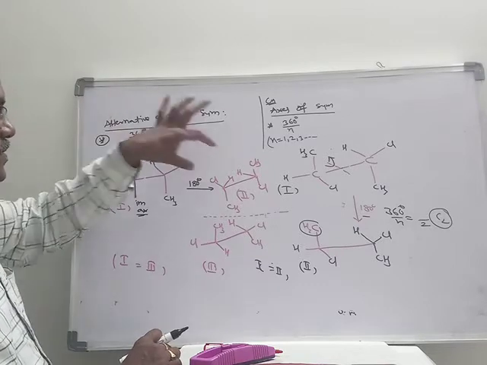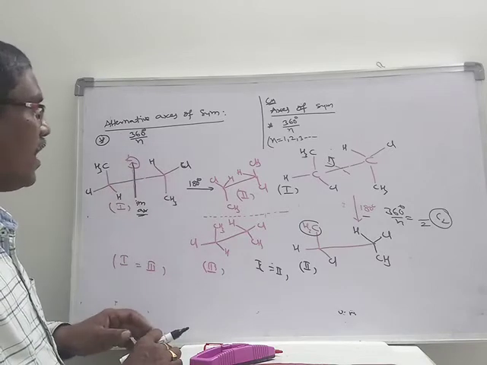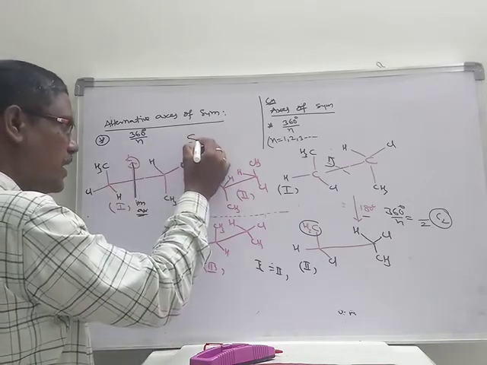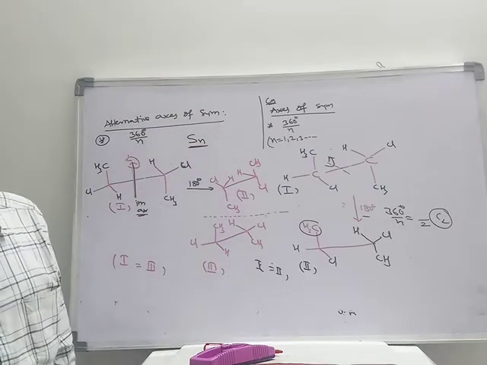This first, second, third. Third is the alternating. That's why it is called the alternating axis of symmetry. It is denoted by Sn.